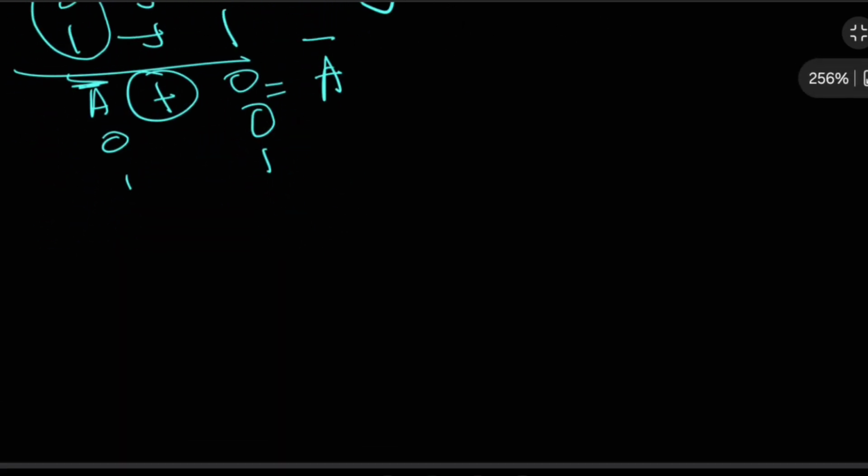Now again, a few more. A exclusive or 0. What will it be? Think about it. If A is 1, then it will be 1. If A is 0, then it will be 0.